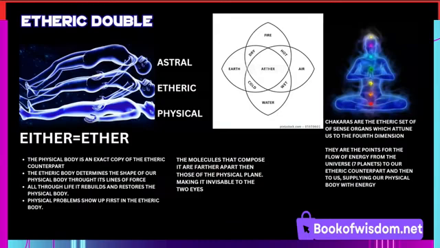They are feeding these 7 senses in our body. They connect us to the universe, to our etheric counterpart, and then to us, supplying the physical body. Because the energy comes from above. As above, so below. These 7 senses, these 7 etheric chakras, are being supplied with energy from the universe, the 7 planets, the solar system. Then it supplies the physical body.